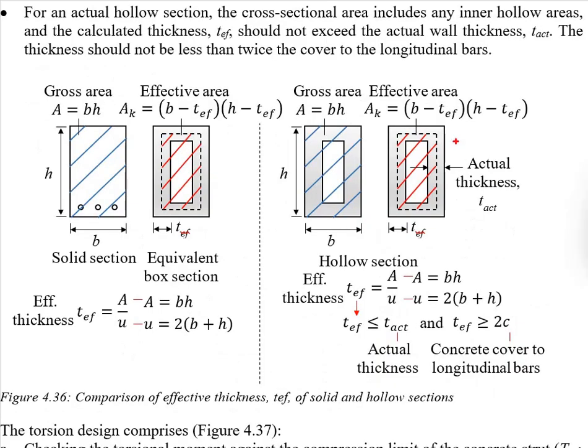And you cannot simply use the effective thickness either, as that does not really exist in the actual condition. Therefore, based on my current understanding, if either of these is not fulfilled, that means your effective thickness is greater than the actual thickness, or the effective thickness is less than 2 times the concrete cover, you need to redesign the hollow section.